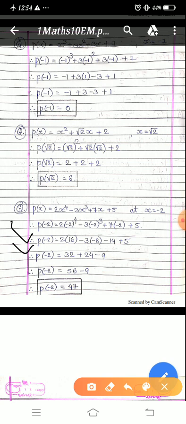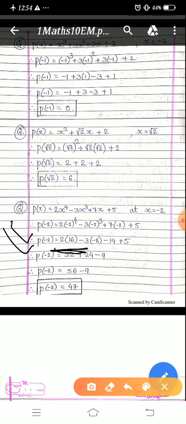Now the third step: p of minus 2 equals 2 as it is into minus 2 power 4. See, whenever an even power is there, there will always be plus. So minus power 4 means the answer will be positive.